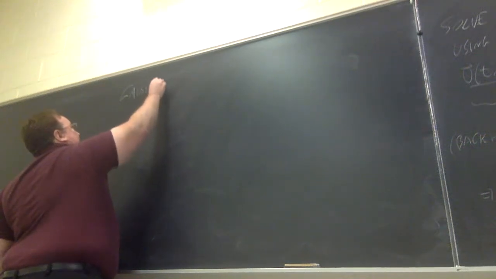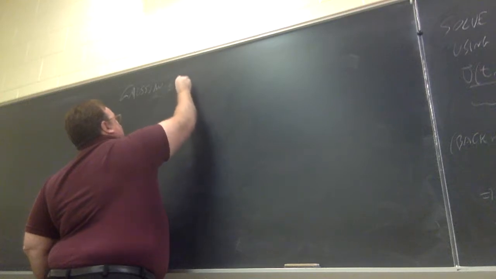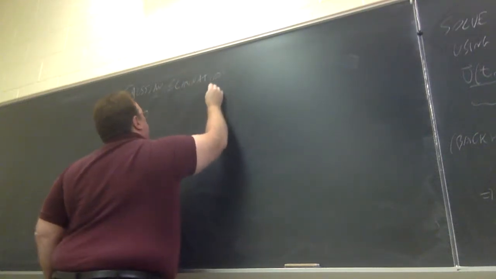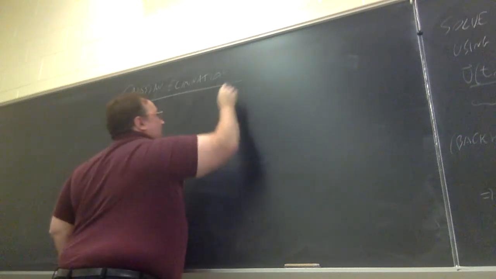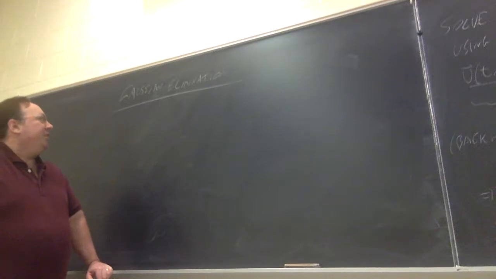So we're going to do a review of Gaussian elimination, which you would have seen in another course, but unless it was a numerical analysis course, it'll look kind of different and maybe use some different terminology.